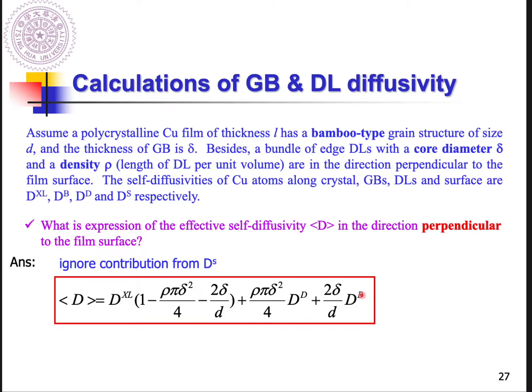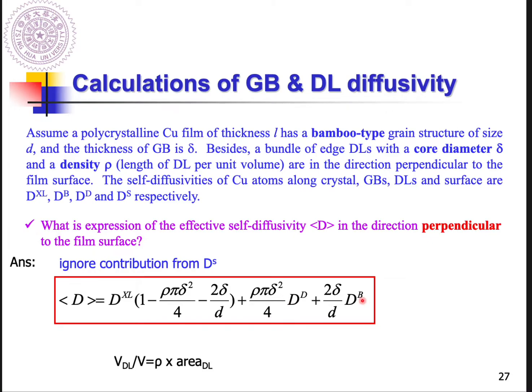So we just need to know the ratios, the volume fraction or the area fraction of the dislocation in this material, and also the grain boundary in these materials. Based on the previous slide, we know the area fraction of the dislocation is equal to this.